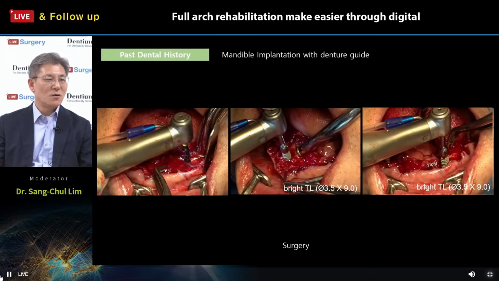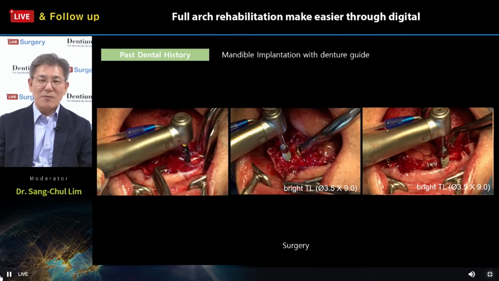Okay, so during the surgery, Dr. Chung used a Bright tissue level implant, diameter 3.5 millimeter, because the vertical bone height was enough. Dr. Chung chose a 9 millimeter length tissue level implant fixture.